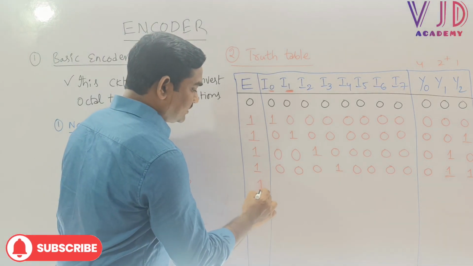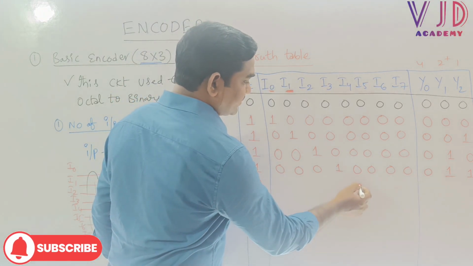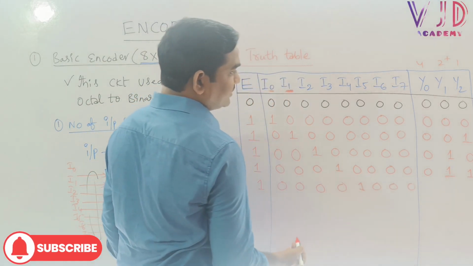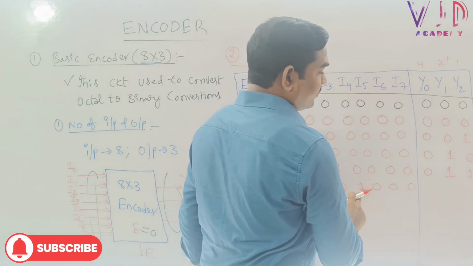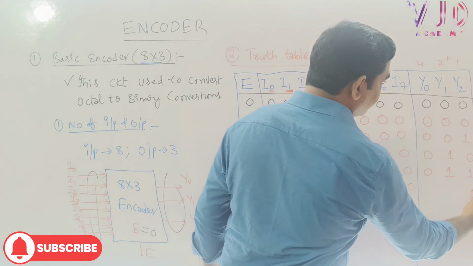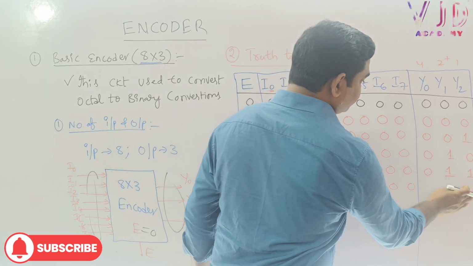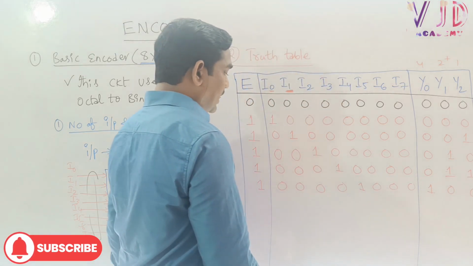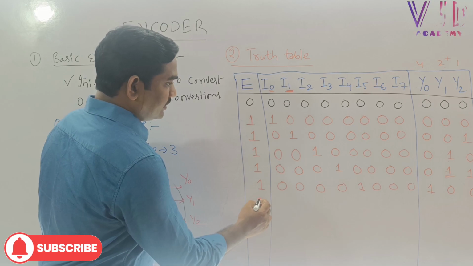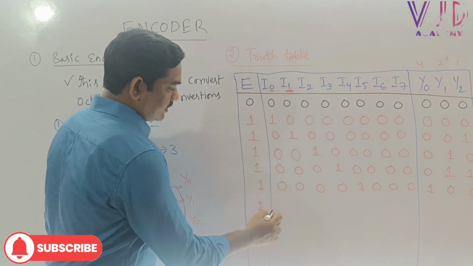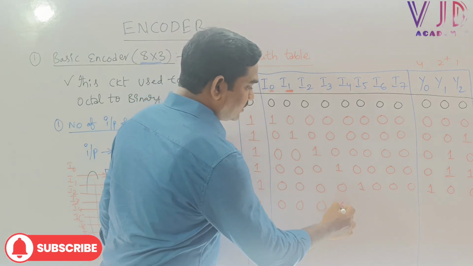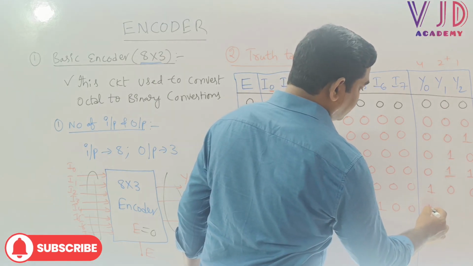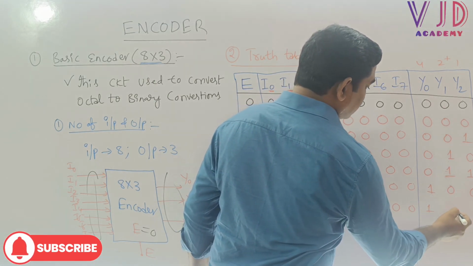And now the next enable is 1, so I4 must be 1, all remaining inputs are zeros. This is I4. What should we do, sir? Here 2's place must be 0 and 4's place must be 1, so 1 0 0. And now the next, enable is 1 and I5 is 1, which means 5 must be there, so the output is 1 0 1.